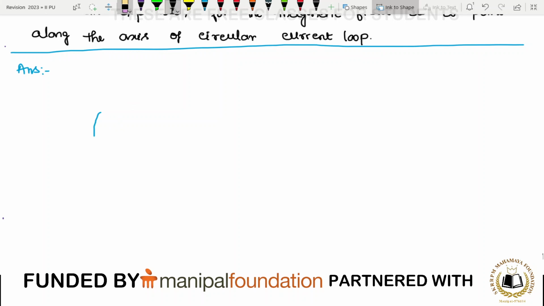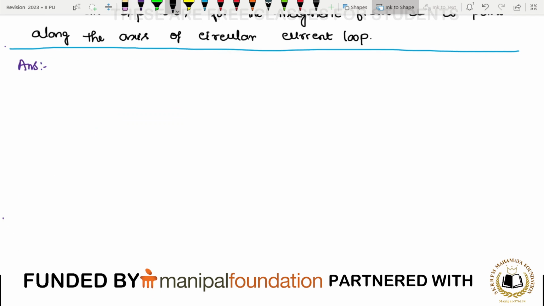Just to draw the diagram here. So here is the loop which carries current in the anti-clockwise direction. This is the center of the loop and radius of this loop is R, and this is the axis of the loop.